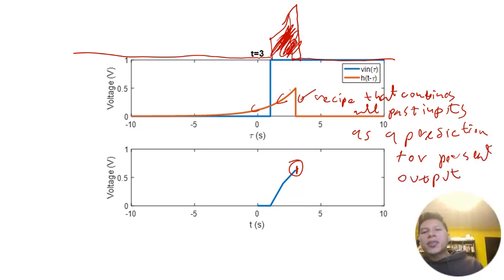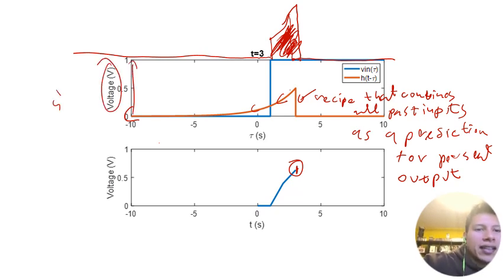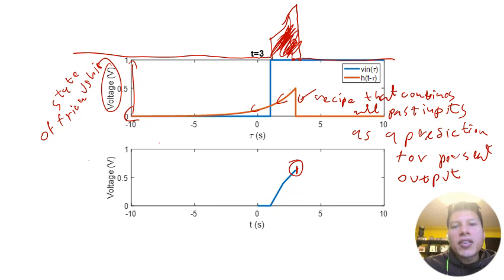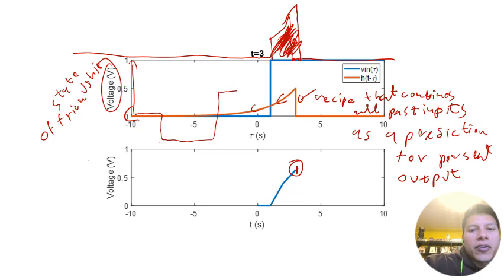Now, you can attach different meanings to this. For example, you could think of the y-axis as the state of your friendship with a friend. And then your input could be negative if you got in a fight with your friend, positive if you had a good interaction with your friend.